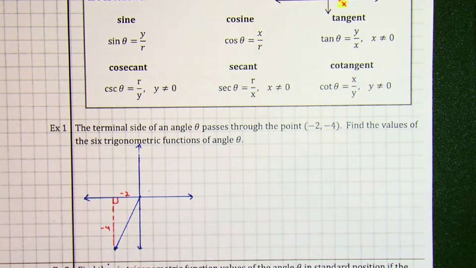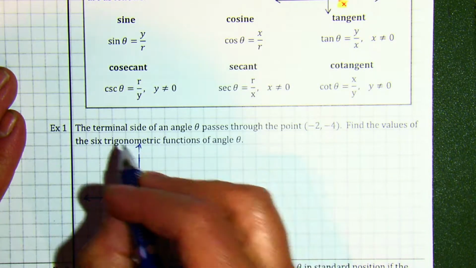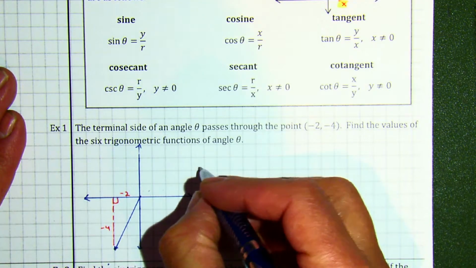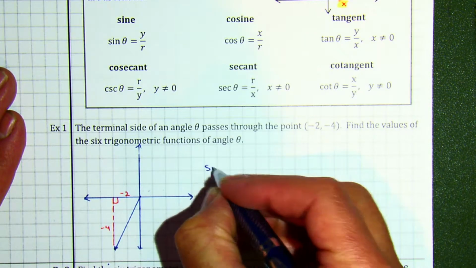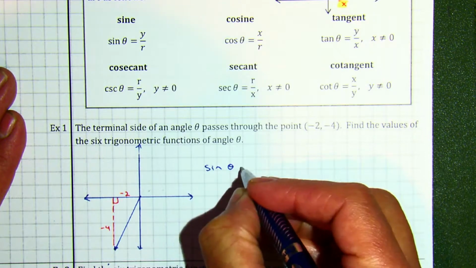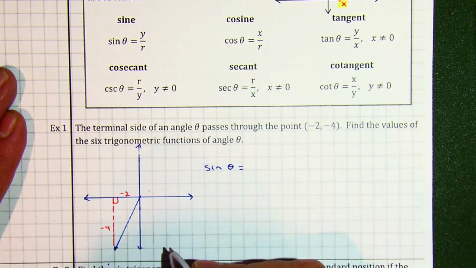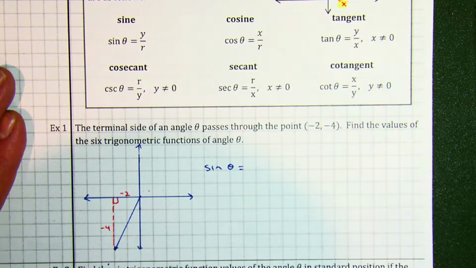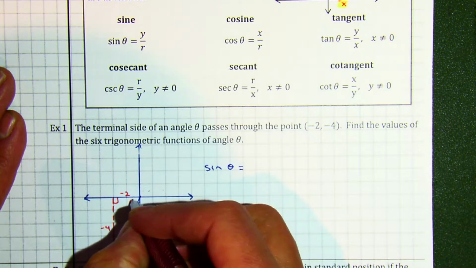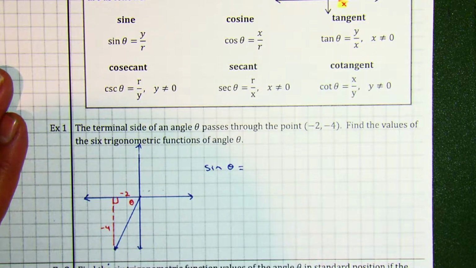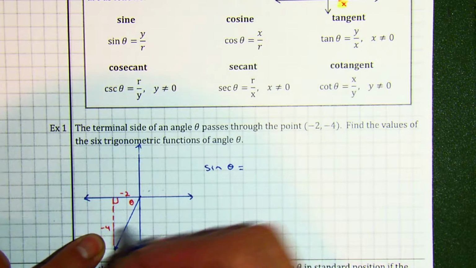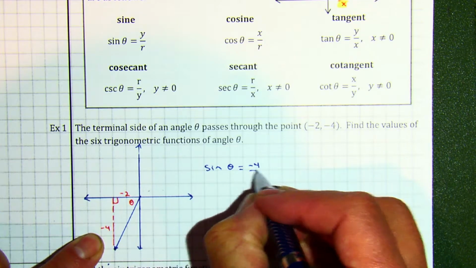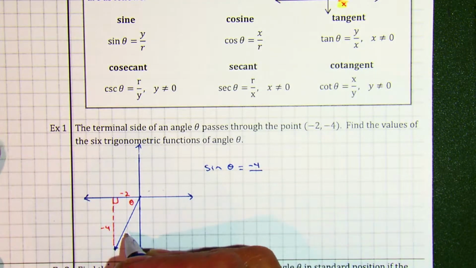And now we are going to find our sine. I need to find all 6 trig functions. So I'm going to start with the sine of theta. The sine is your y over r. So this is our angle theta. So your y is -4 over the radius, which we need to find.